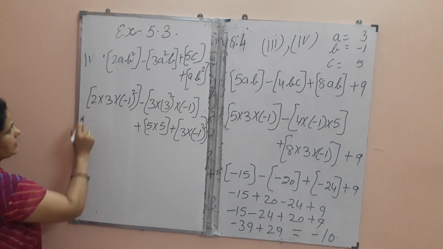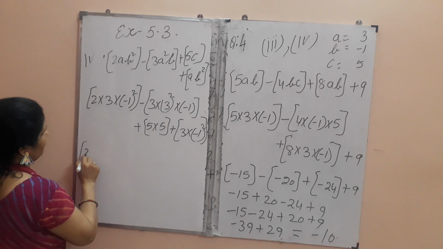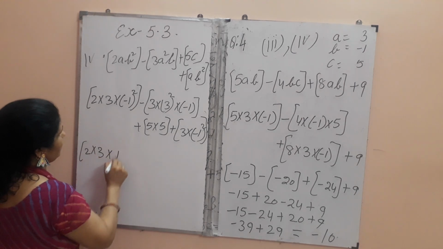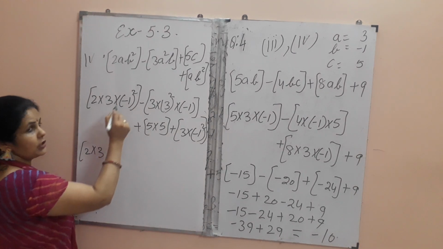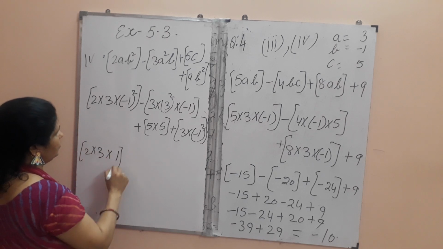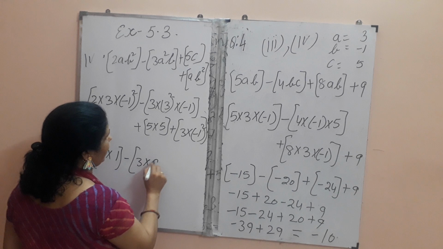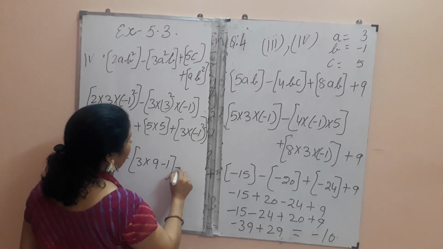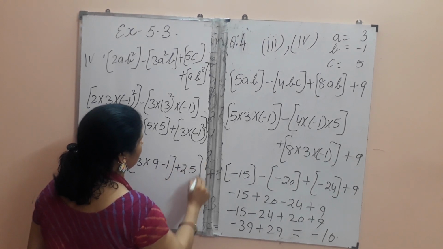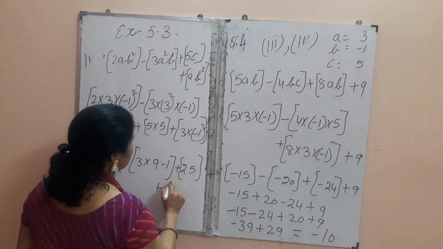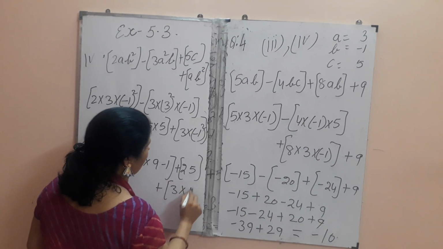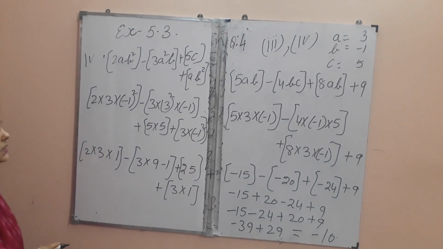Now we will solve the brackets. 2 into 3 into 1, minus 1 square means minus 1 into minus 1, minus 3 into 9 into minus 1, plus 25, plus 3 into 1. Well, minus 1 square means 1.